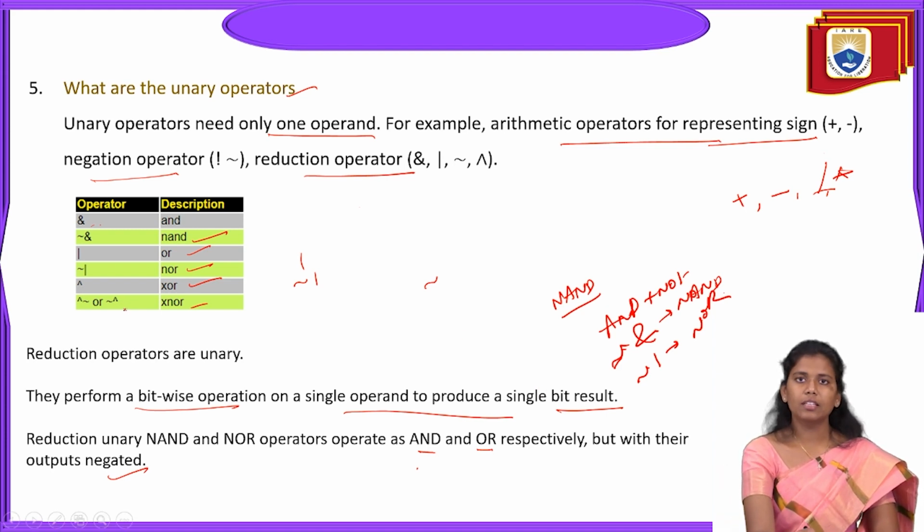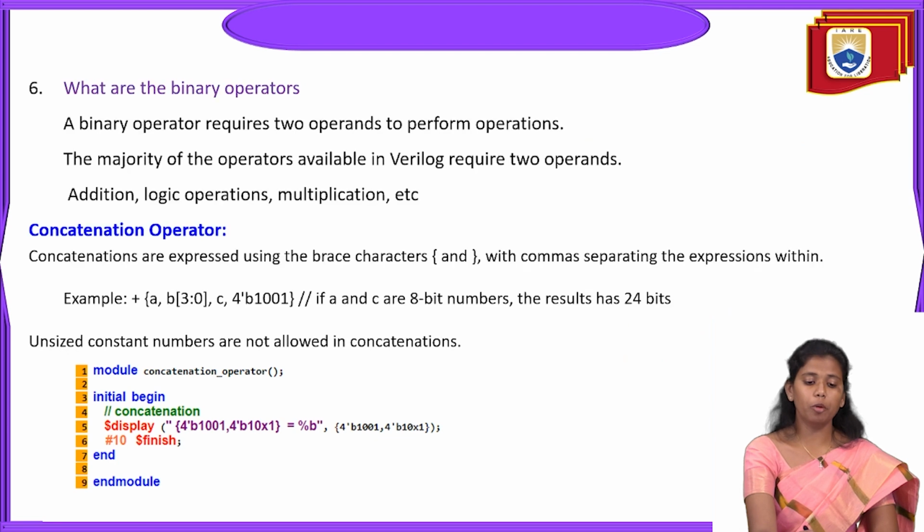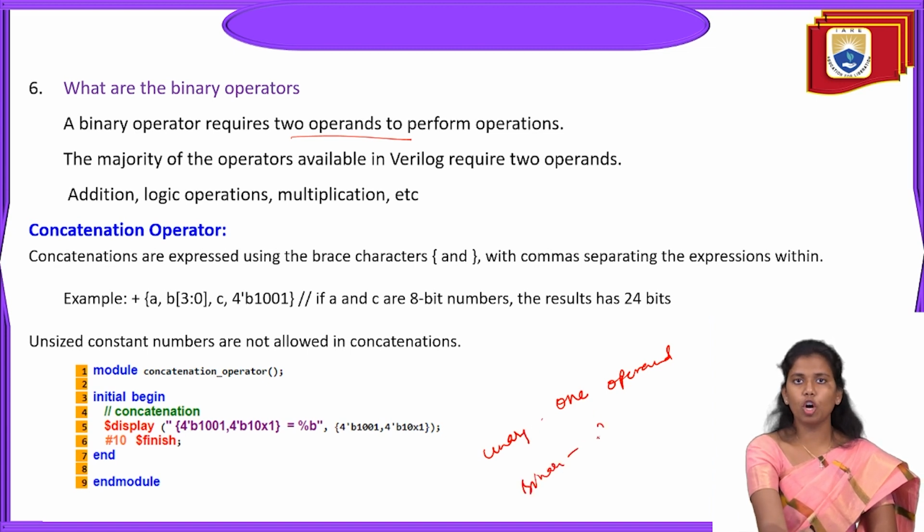And what are the binary operators? The binary operators require two operands to perform operations, right? A unary operator requires only one operand, whereas a binary operator requires two operands. The majority of the operators available in Verilog require two operands.